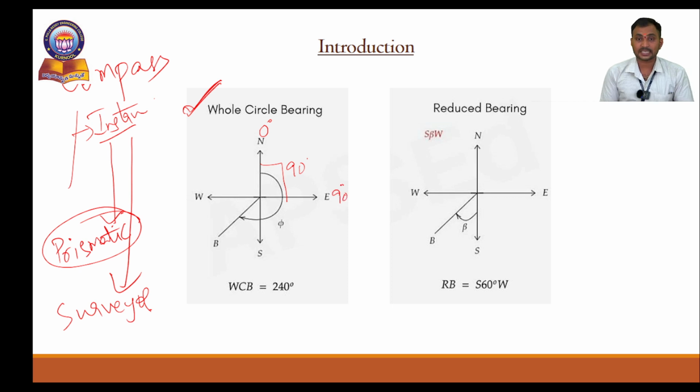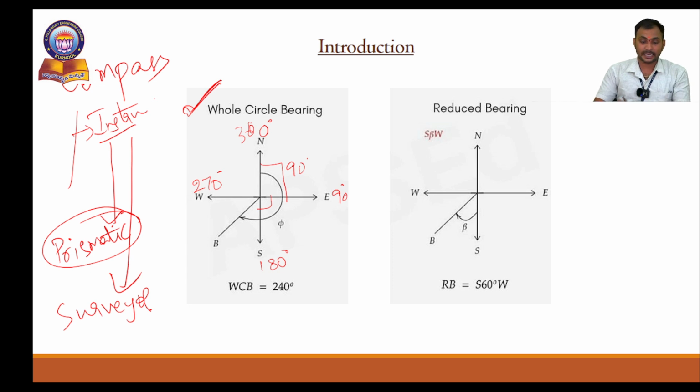From east to south it is 180 degrees, from south to west 270 degrees, and finally, coming back to north, 360 degrees. This is the concept of whole circle bearing.